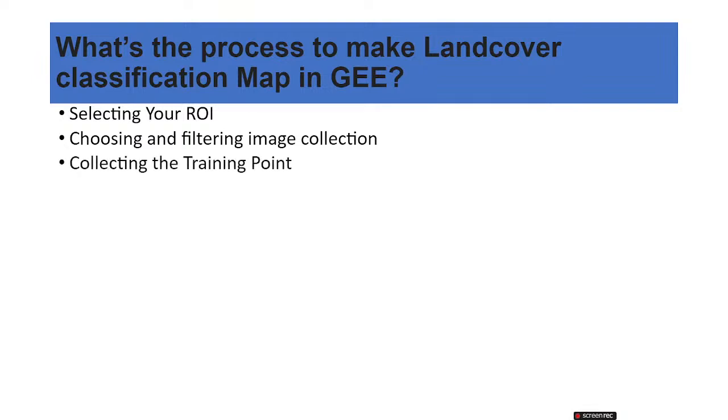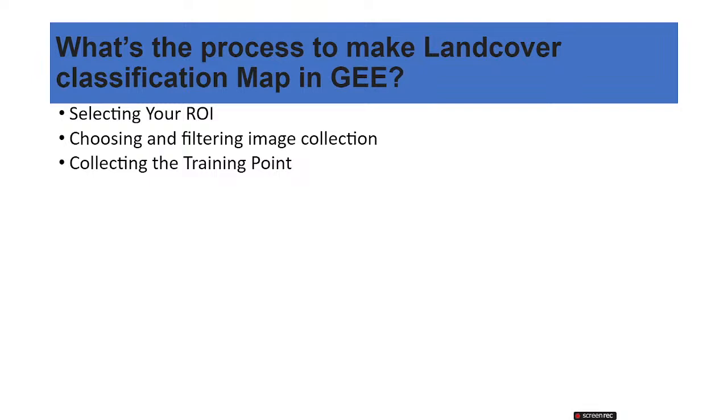And then you need to collect some training points. In this step, we can collect the training points in different ways. Suppose you want to get the training points from the field, you can go to the field and take the GPS coordinates of the field, and collect the training points.